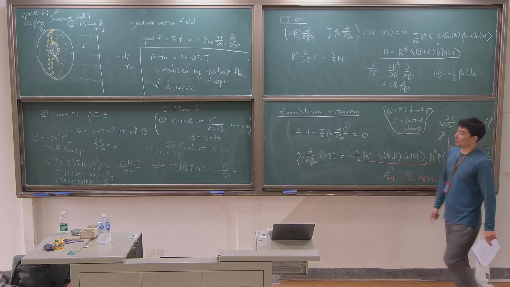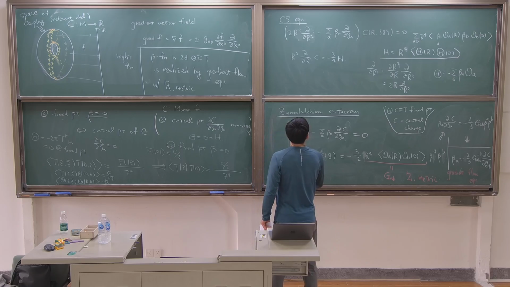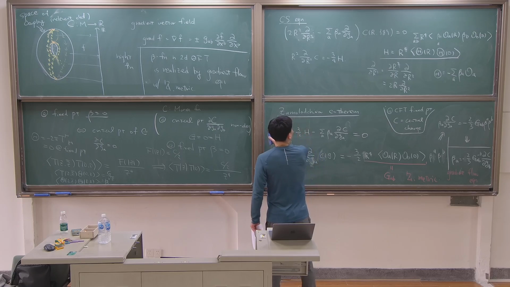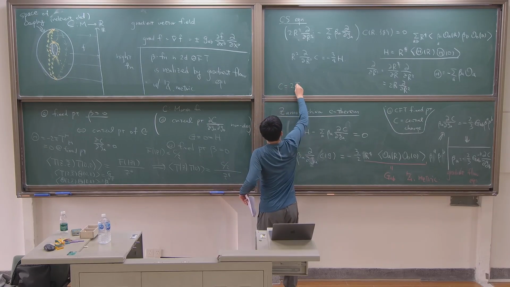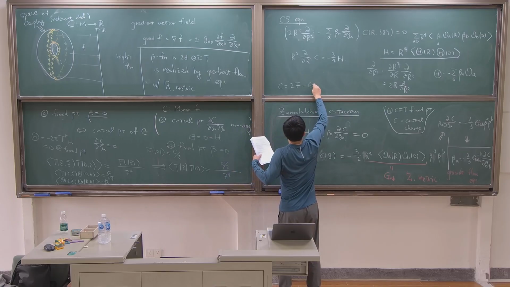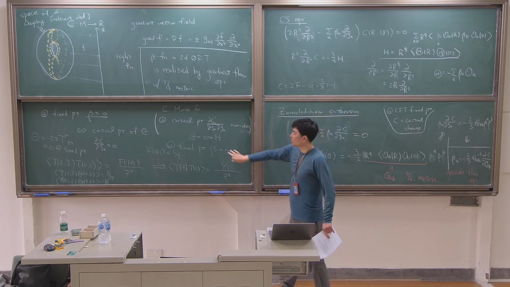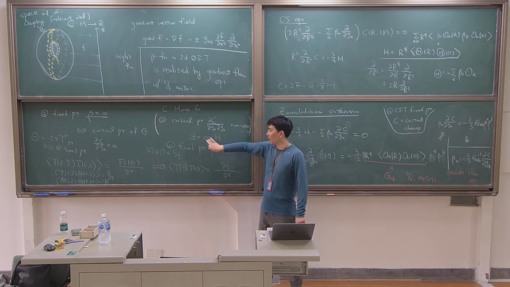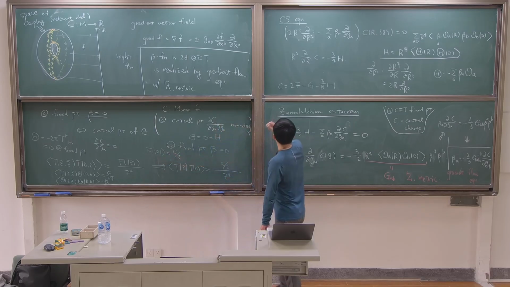So recall the definition of C, I'm going to write it down here. Definition: C is equal to 2 times F minus, what was that, G minus 3 over 8 H. And at the fixed point, G is equal to H equal to 0, and F is equal to c over 2.